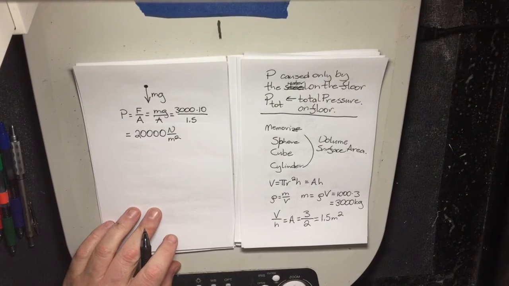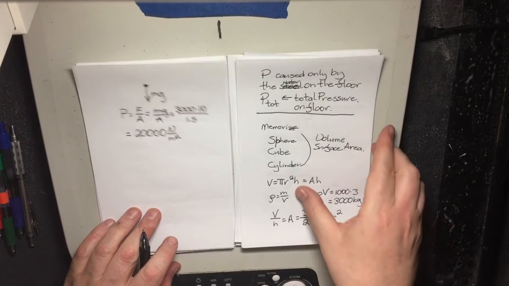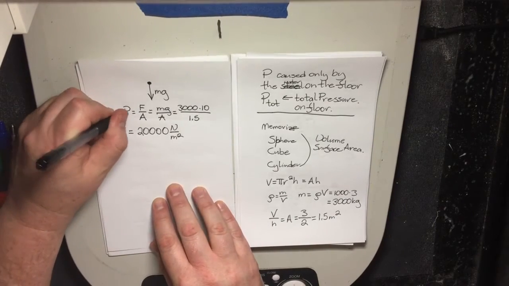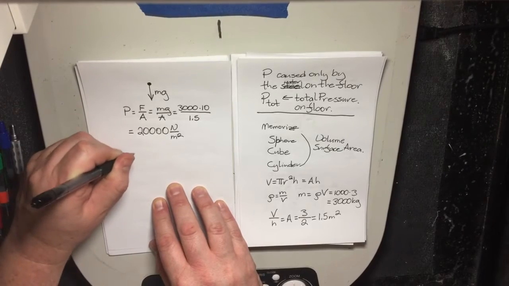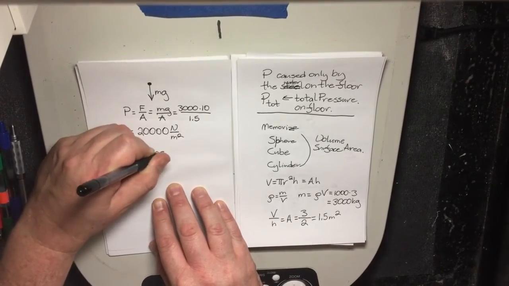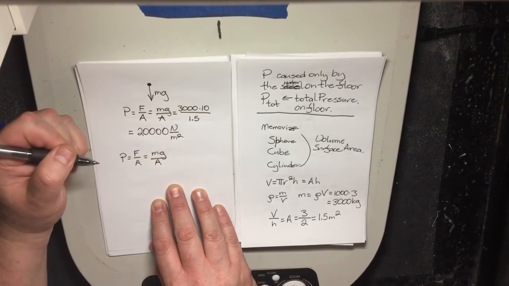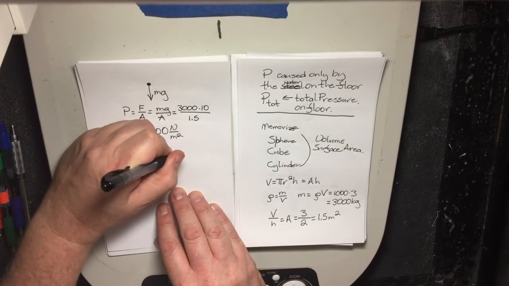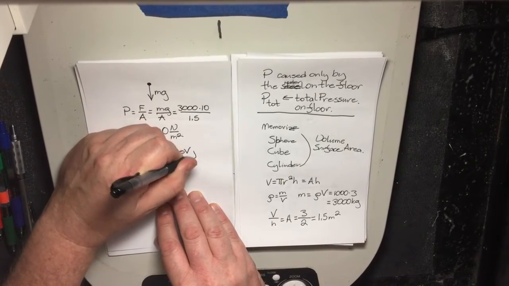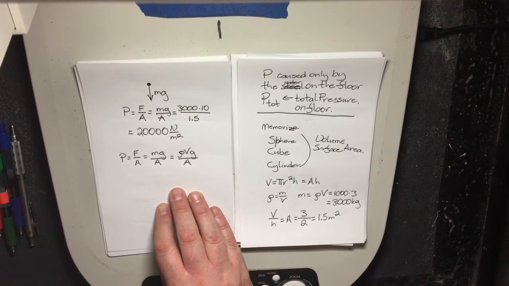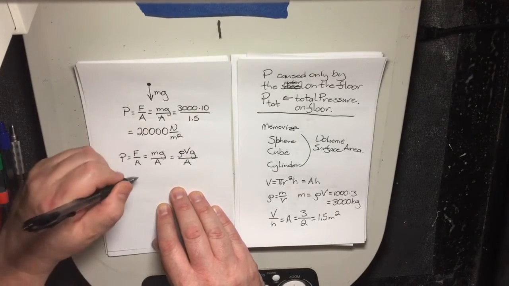I flashed back to the current problem set you have, where we use steel. Now, the thing I need you to understand is that pressure is force divided by area. The force is mg, divided by area. Mass is density times volume, divided by area. What's volume?